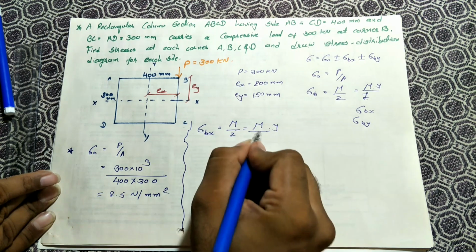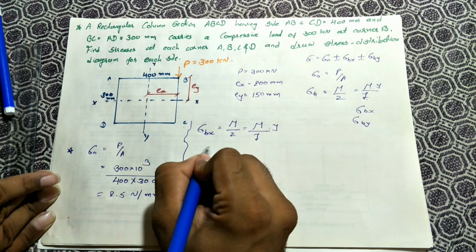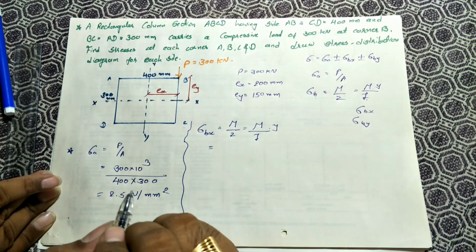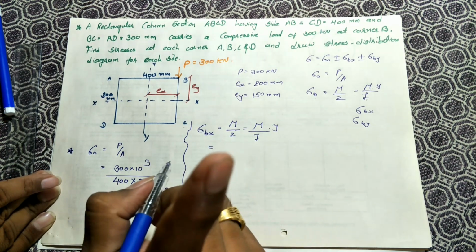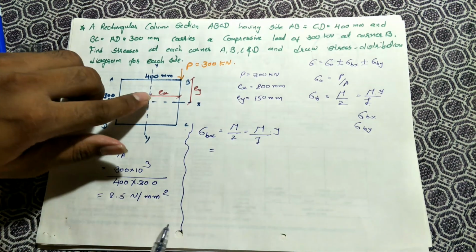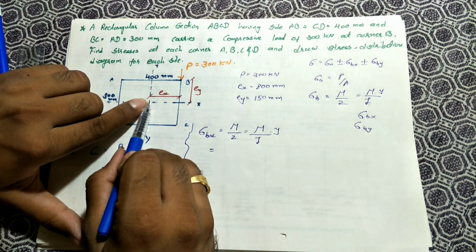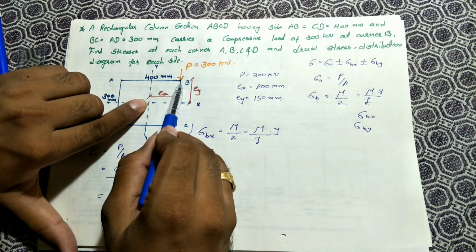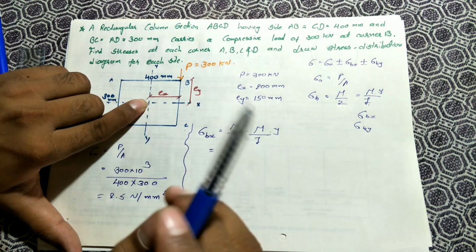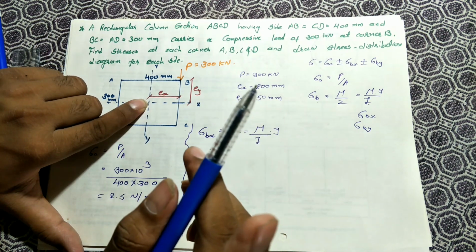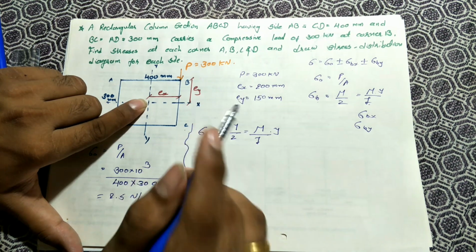Now what is M? We will write this over here. Moment is force into perpendicular distance. So whatever moment is generated because of this point load, we need to consider it for the x axis.